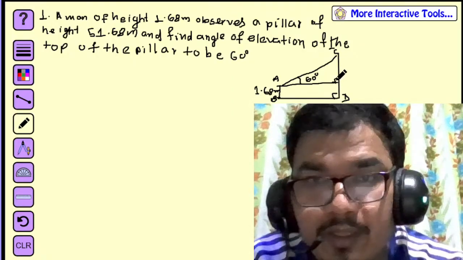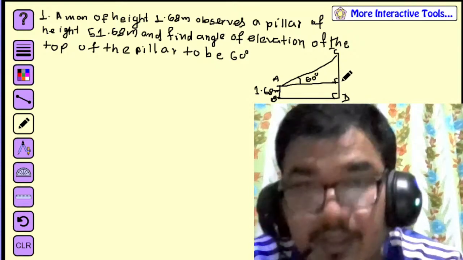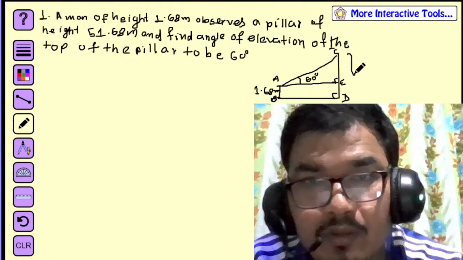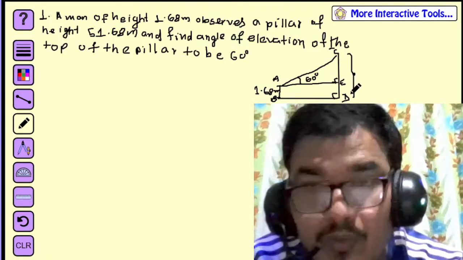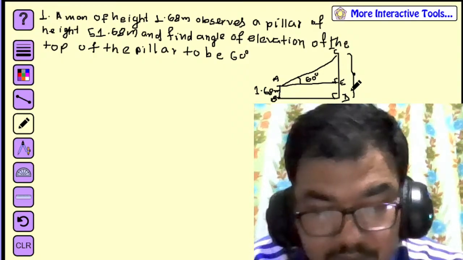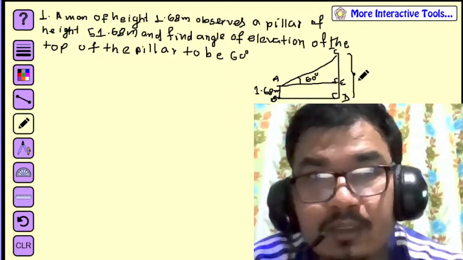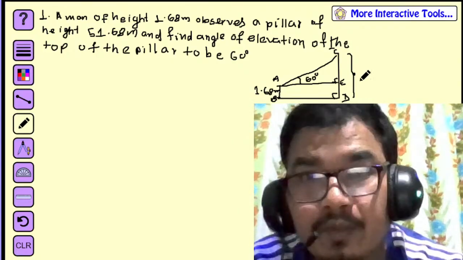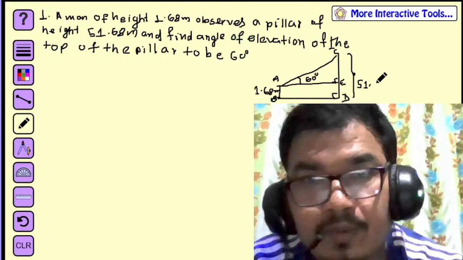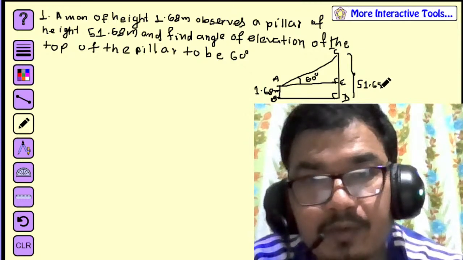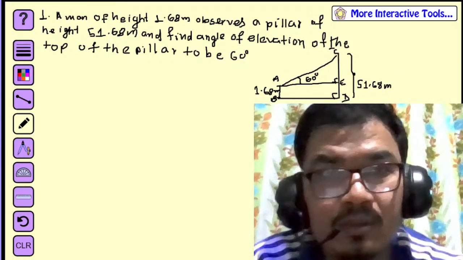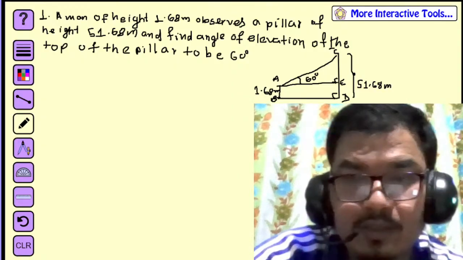Here 90, here also 90, and write this here E. The total height of the pillar is given there, 51.68 meter, clear.